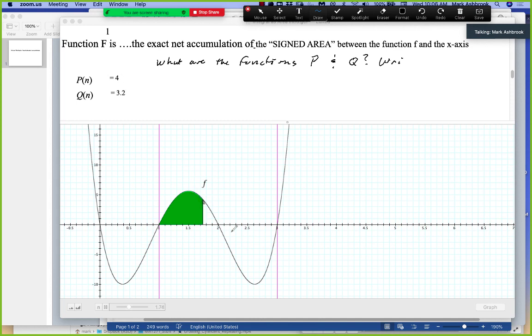What about q? So now q is increasing. Here it's 3.6, and now it's going down. It's 3, 2, 1, 0. Now negative and getting more negative. So it starts at 0 and it increased this whole way.